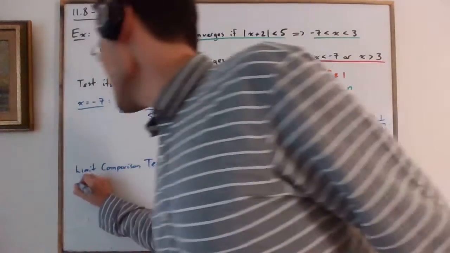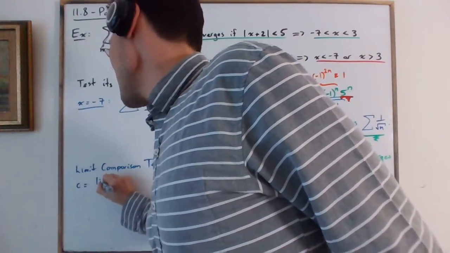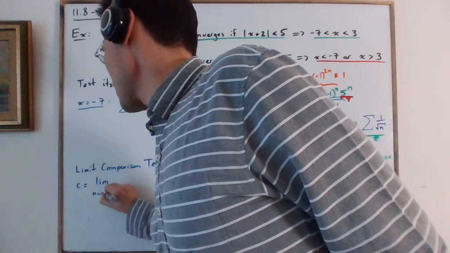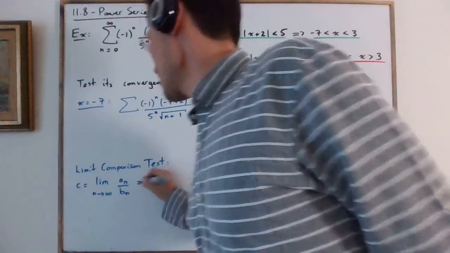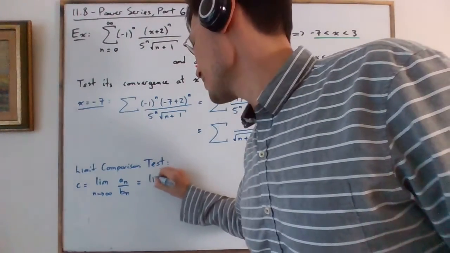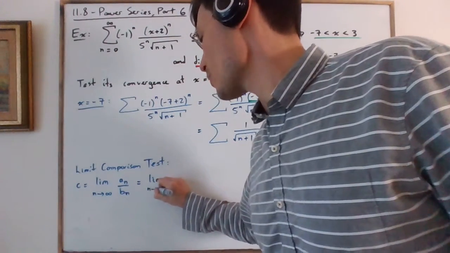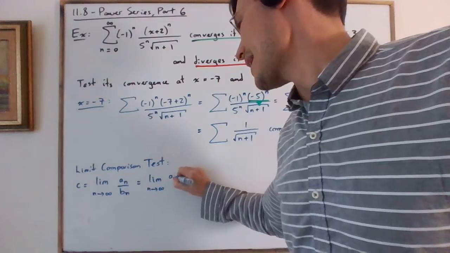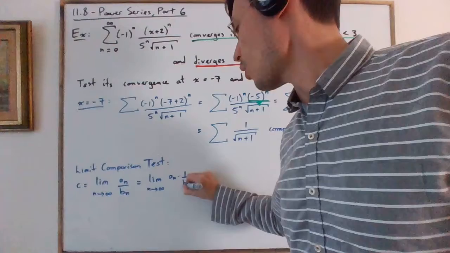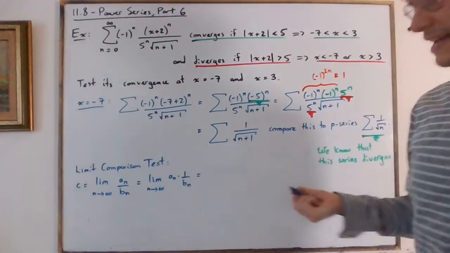So what do we do? We create C, which is the limit as n approaches infinity of an over bn. You might remember the same happened when we used the ratio test. What we actually write is an times 1 over bn. Why do I say this?